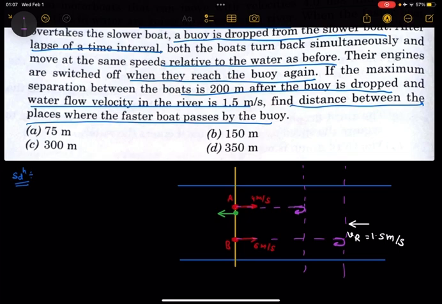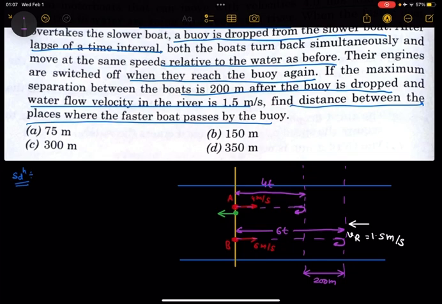The maximum separation between the boats is 200 meter after the buoy is dropped, so if this separation is 200 meter, and this distance by A is 40 and this distance is 60.